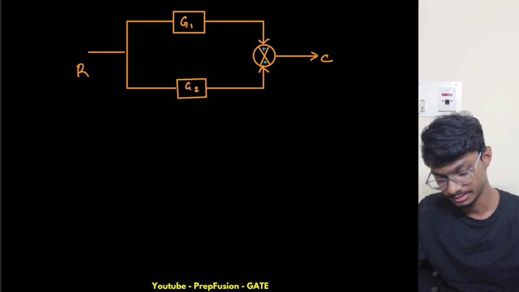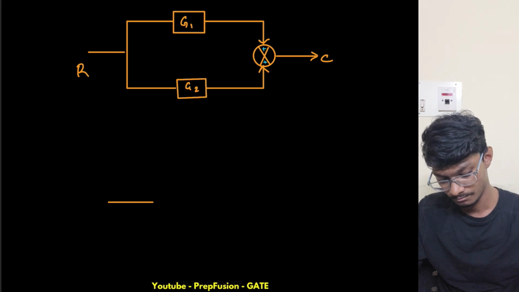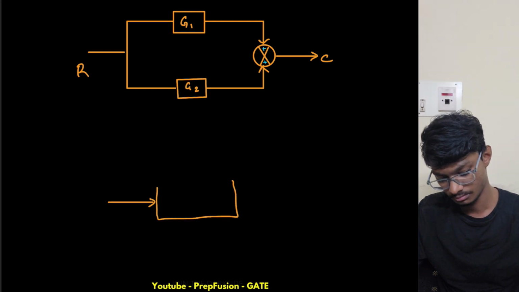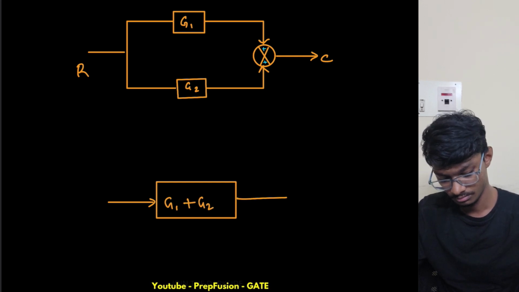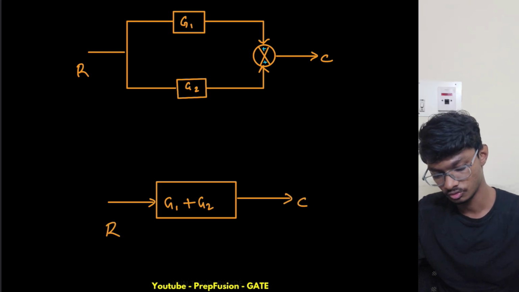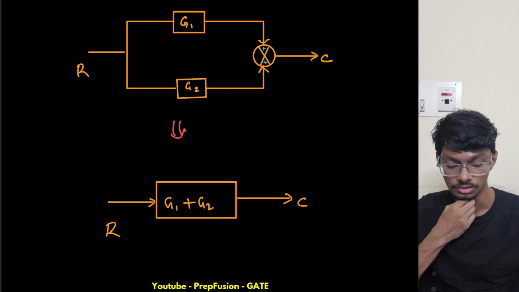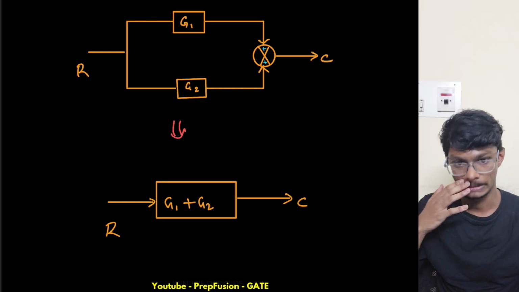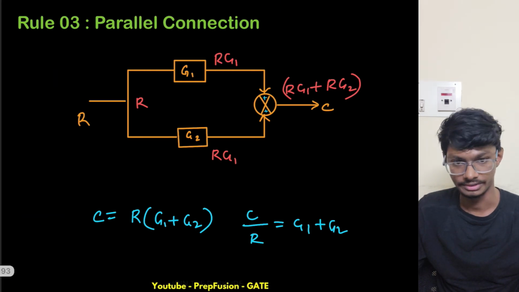What I will write here is this is C, this is R, and this is the equivalent of this one. So this is G1 plus G2, right? So this is rule 3.